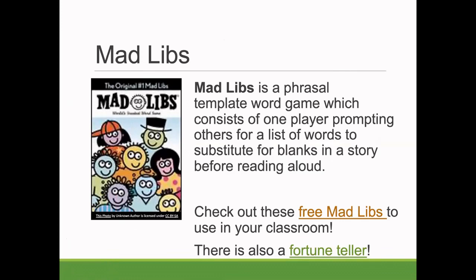It's a word game where you ask your students to come up with different parts of speech, but you don't give them the context. So they don't really know what kind of story they're creating.